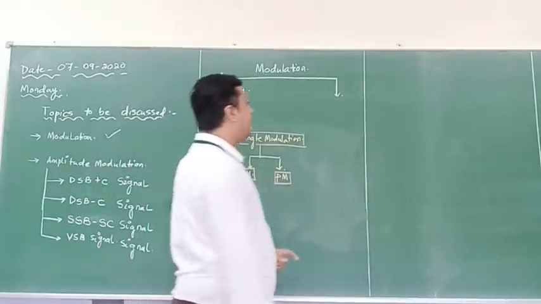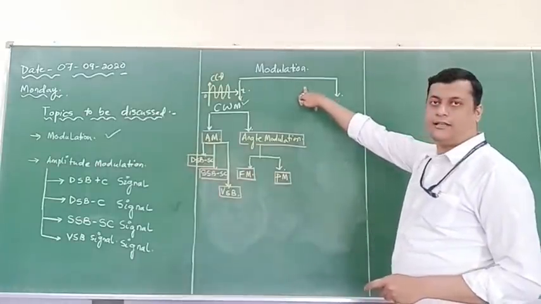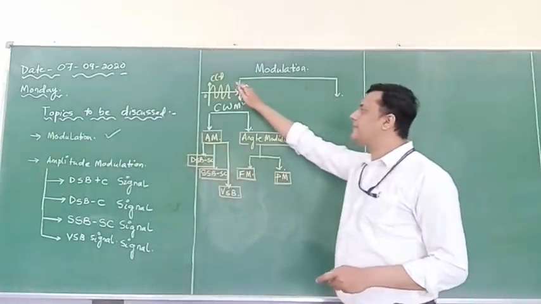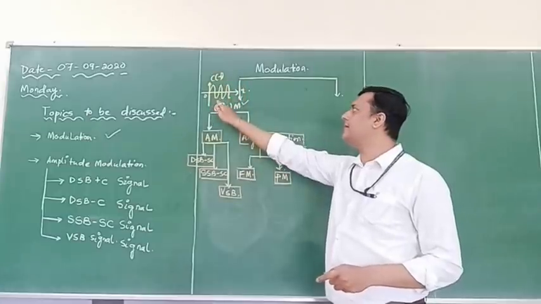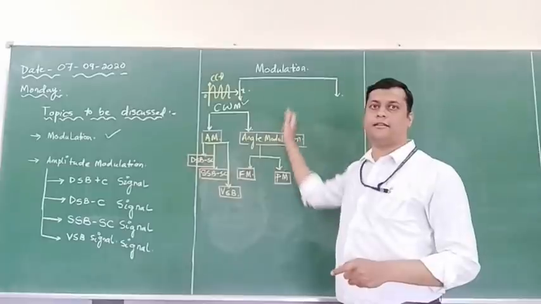Now the modulation depends upon the characteristics of the carrier. If the carrier is continuous, then these are the hierarchy of modulation schemes.